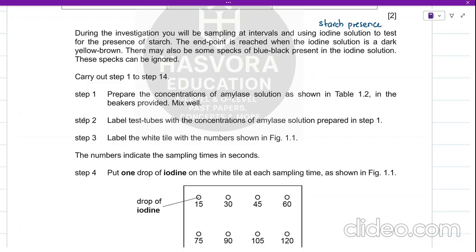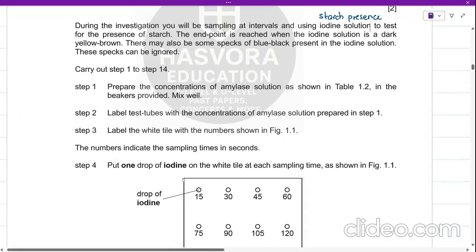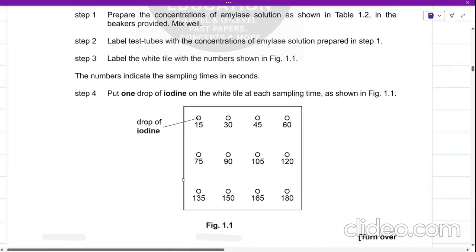Label the test tubes with the concentration of the amylase solution. So we are going to label the five test tubes with the concentration, for example 2, 1.6, 1.2, 0.8, 0.4. Then we are going to label the white tile with the numbers shown. They have already shown you a diagram of how to label the white tile. Put one drop of the iodine on the white tile at each of the sampling times.